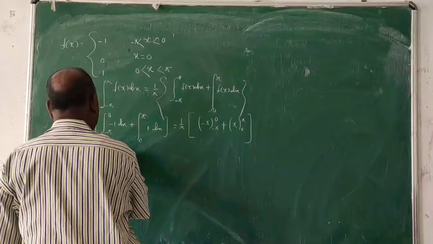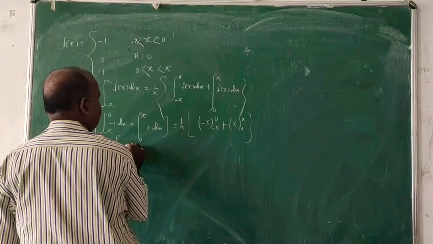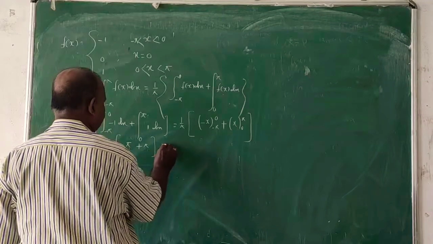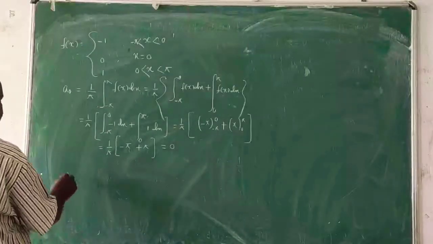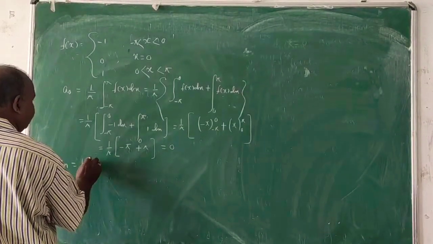This is 1 by pi, minus 0 plus again minus pi plus pi, this result is 0. So the value of a0 is 0.